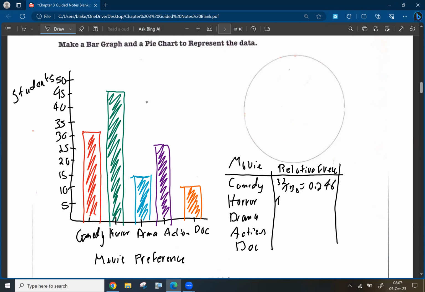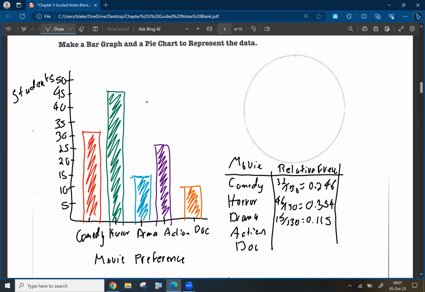Horror was 46 out of 130, which proportionally is 0.354. Drama was 15 out of 130, which is 0.115.